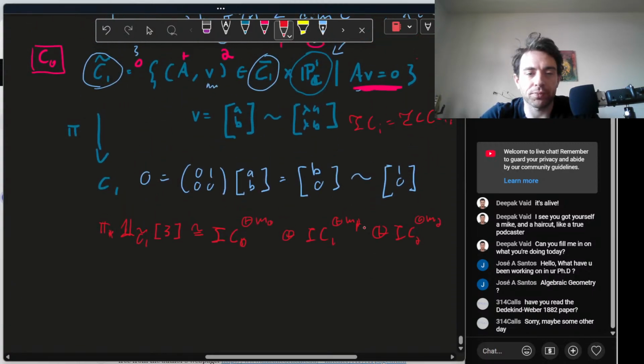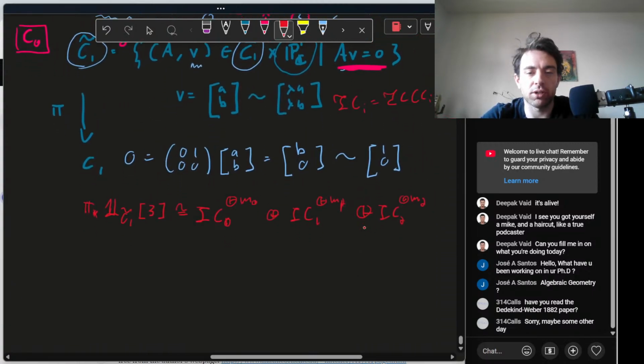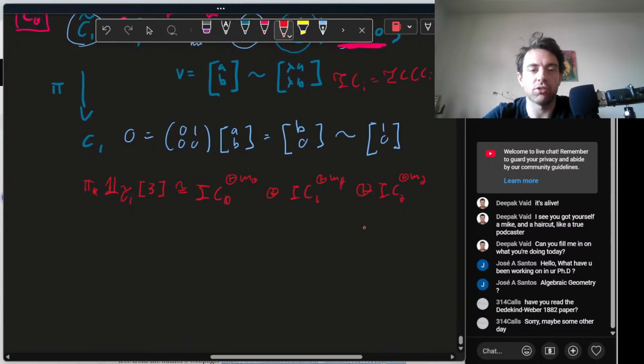Okie dokie. So now I'm going to take stalks of both sides of this equation. Let me take the stalk at some point of C1.